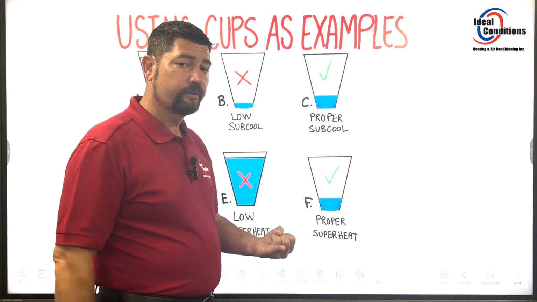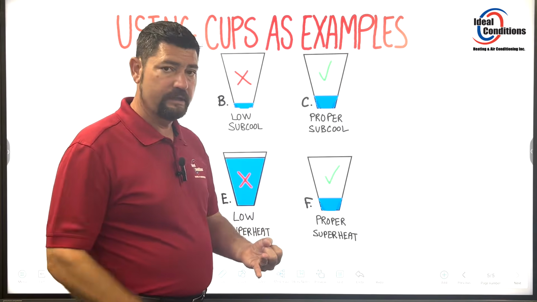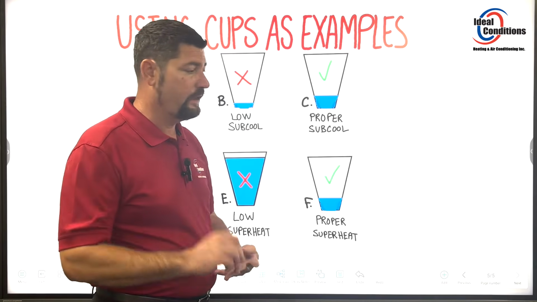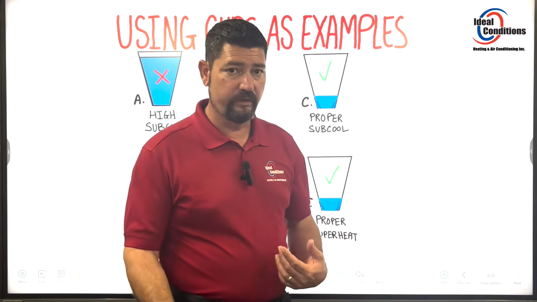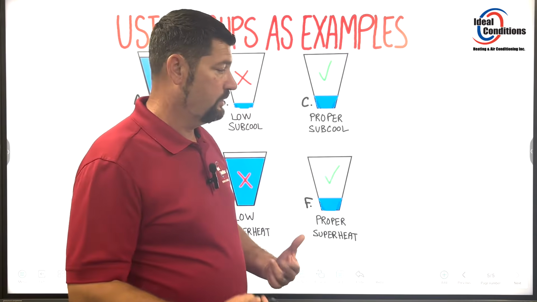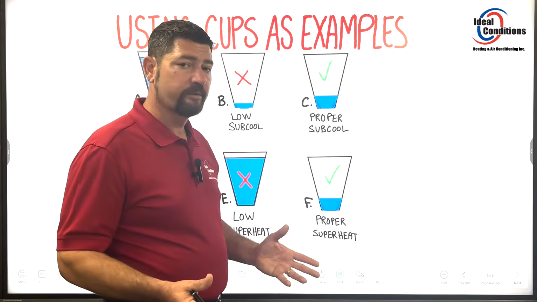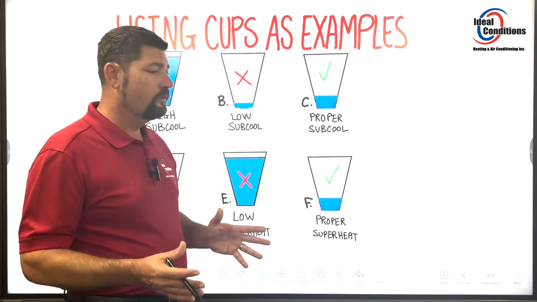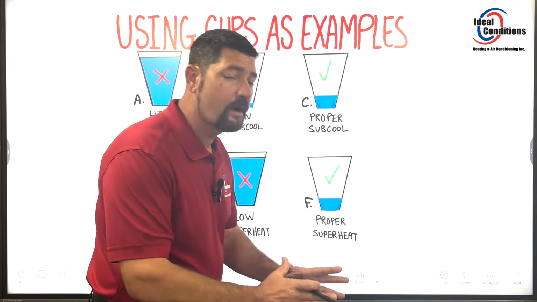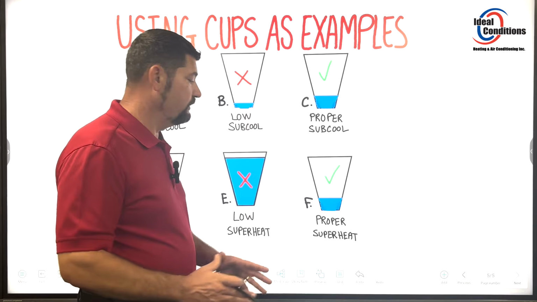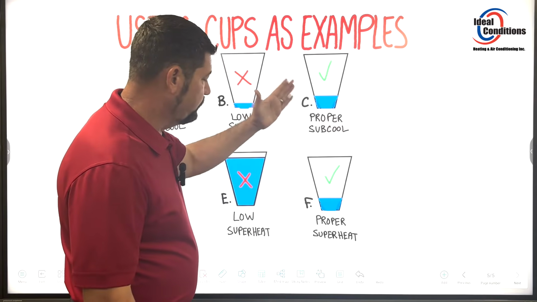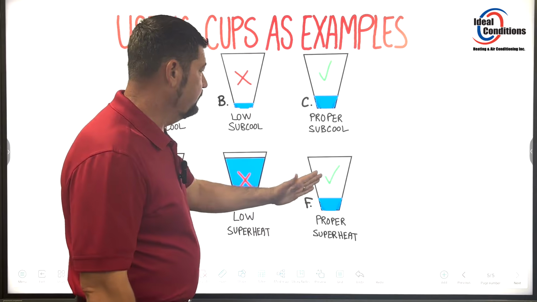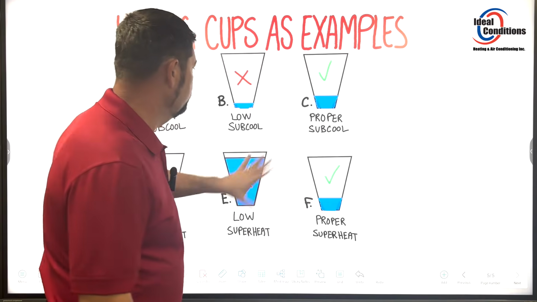Either your coils are damaged, your coils are dirty, you don't have the proper metering device, you don't have the proper pumping ratio on that compressor, maybe you're not moving that gas through the system properly, maybe there's some problems there, but there's no way your system can be working properly and then you read a good proper subcool or a good proper superheat, and that is in combination with one of these.